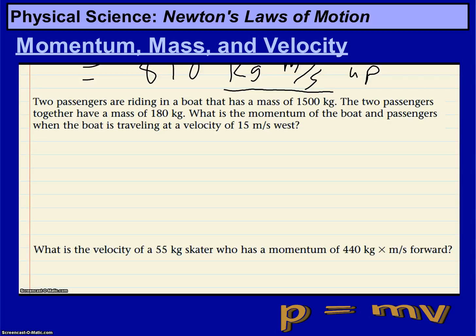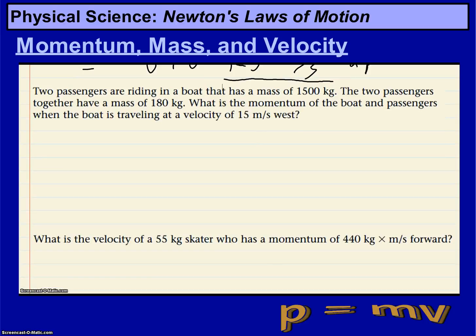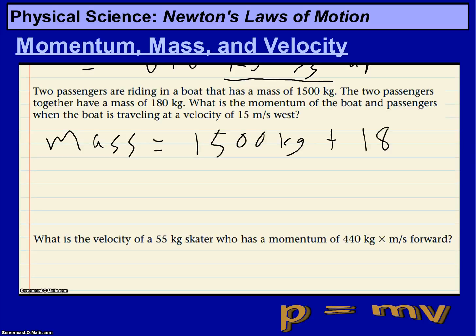So the total mass is going to equal 1,500 kilograms added to 180 kilograms, and you're going to get a total mass of 1680 kilograms.